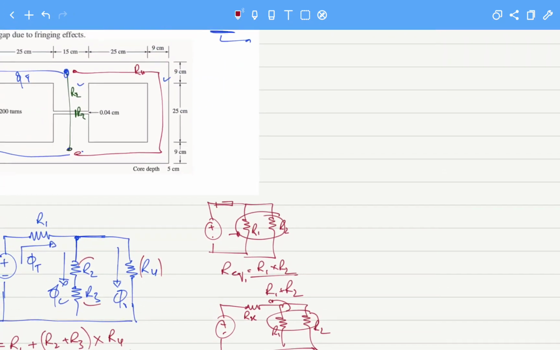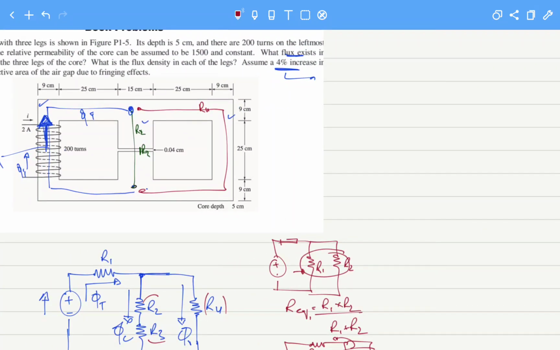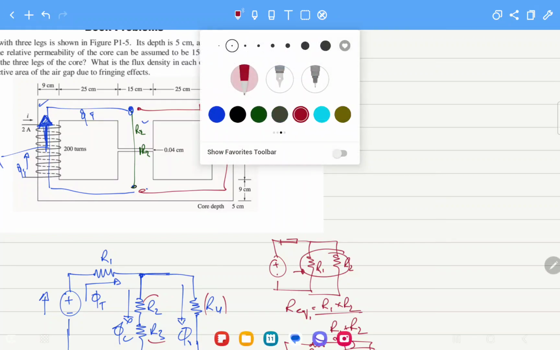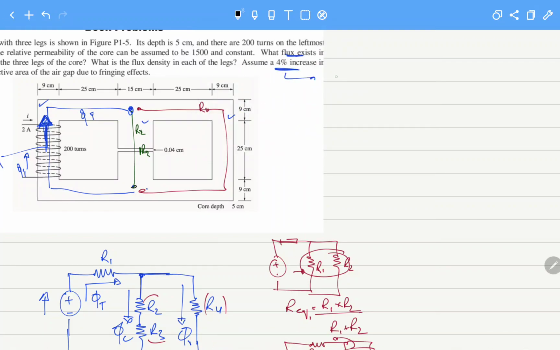So next question comes, how to calculate these reluctances. And to calculate these reluctances, let's see. R1 we know is on the left side. R1, the length you can calculate, it is 25 centimeter plus 7.5. And here how much? It will be 4.5.